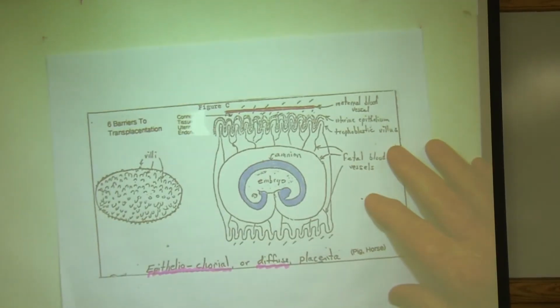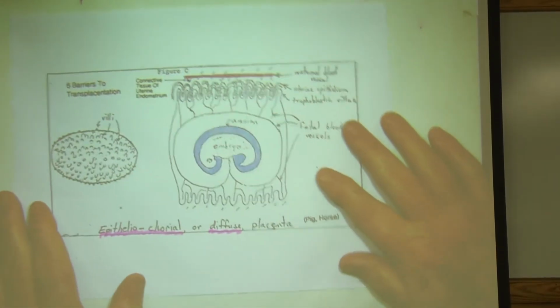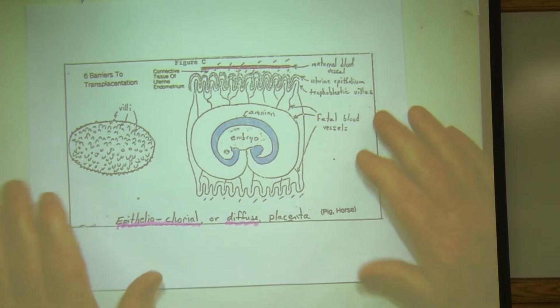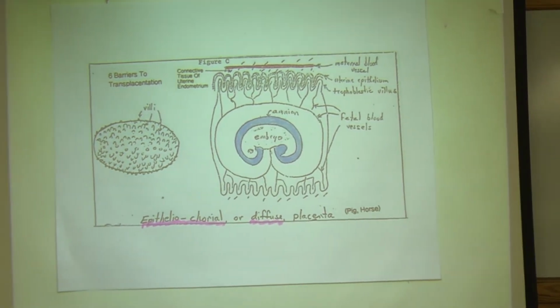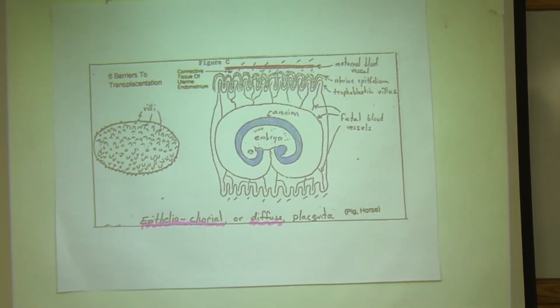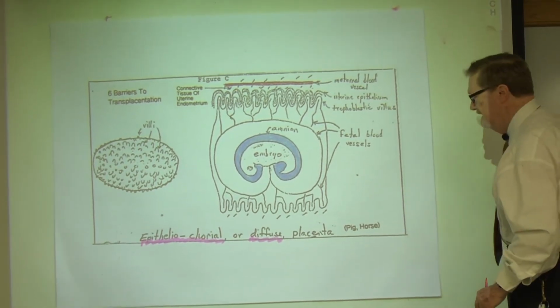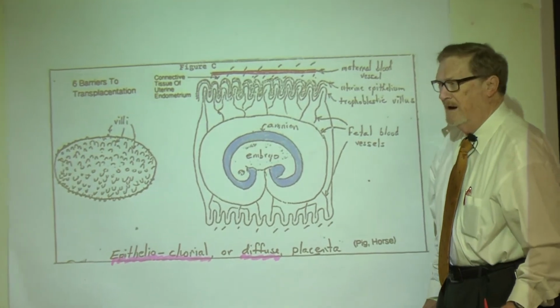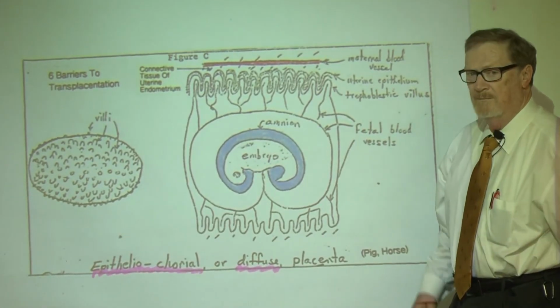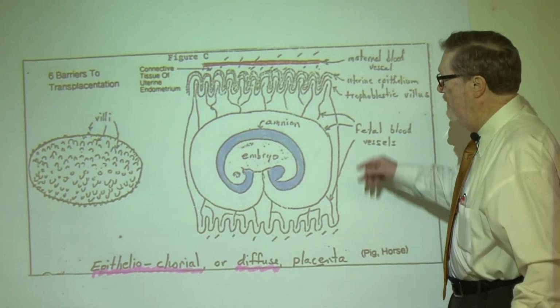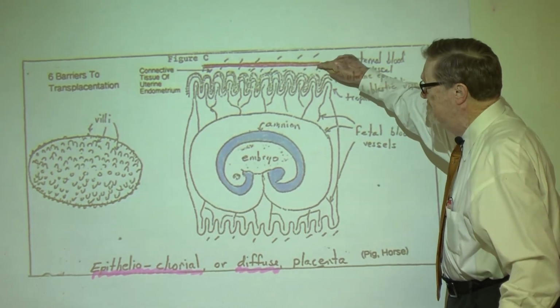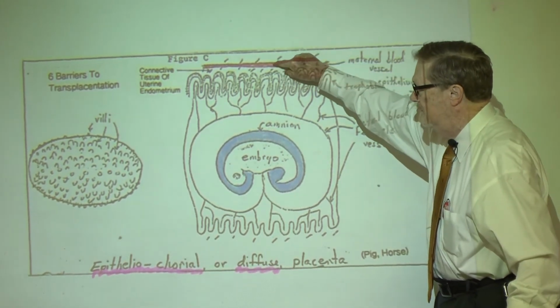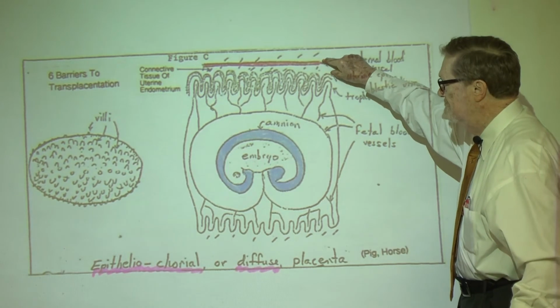And we're going to start with, by far, the most complicated one. This one, in figure C, has 6 barriers to transplantation. Let's look at them. The 6 barriers. Let's talk about a molecule of oxygen that we want to get from mama's blood inside a blood vessel up inside her uterus here, her placenta.